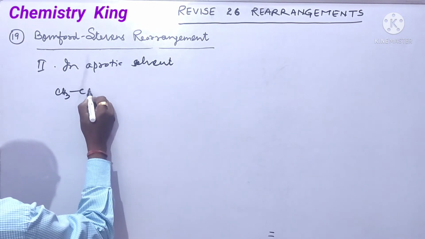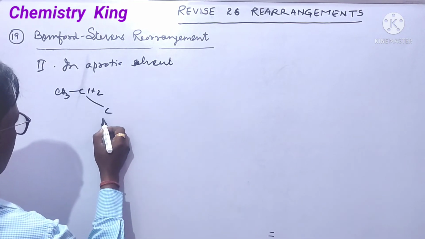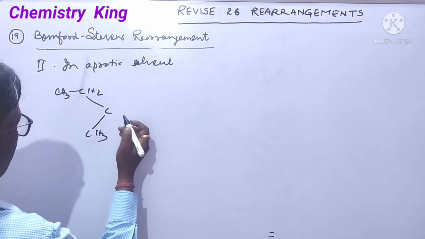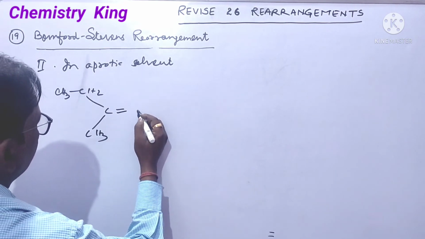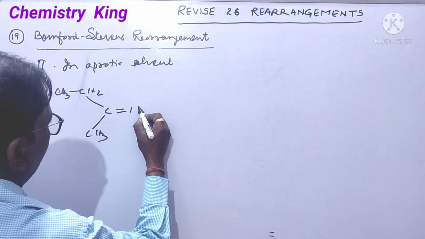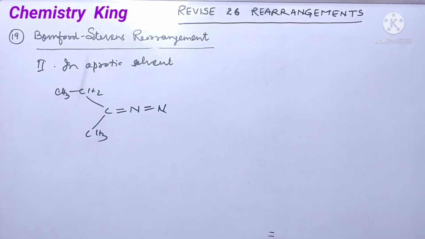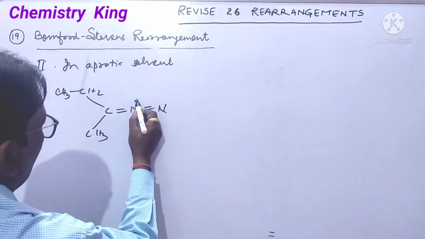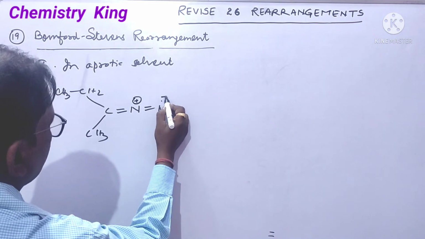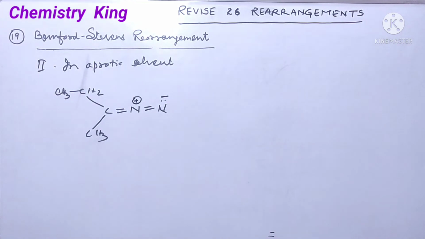It is CH3, CH2, C, CH3, double bond N, double bond N, and positive charge is here and negative charge is here.